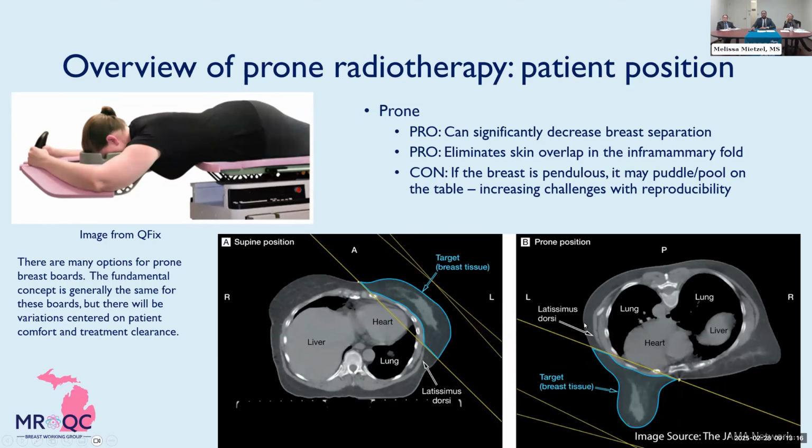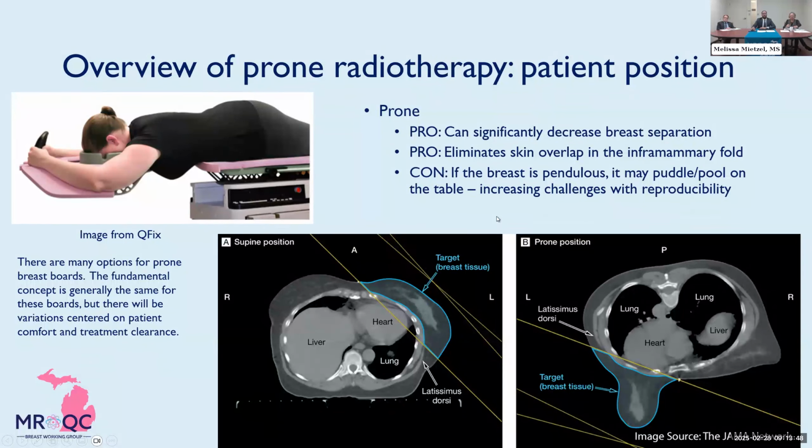That same patient is simulated in the prone position. The breast anatomy drops further away from organs at risk, which could reduce the likelihood of that treatment field going through organs at risk, again, like the lung and the heart. It's also a good example of how the separation significantly decreases when you put a patient in prone as opposed to the supine position.